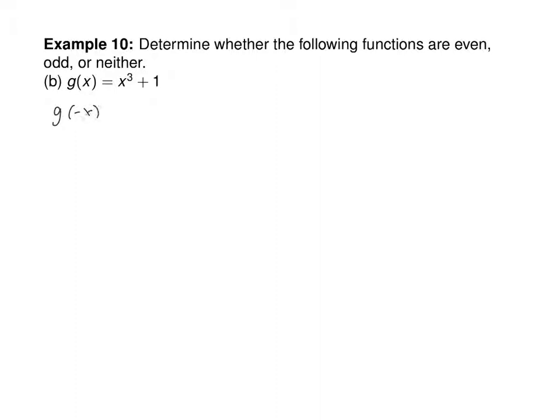g of negative x. So that's negative x to the 3rd plus 1. If you multiply negative x by negative x by negative x, you're still left with a negative. Is this equal to the original function? No. So not even.